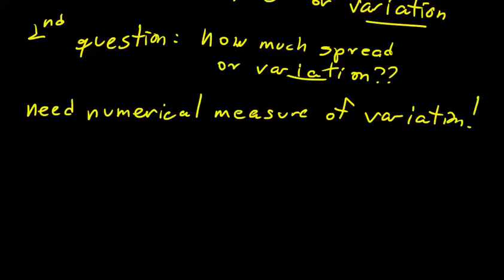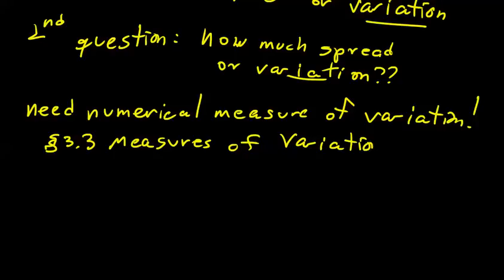All right, enter section 3.3. That's what section 3.3 is all about. The title of it in the text is measures of variation. And essentially there are 3 measures of variation.